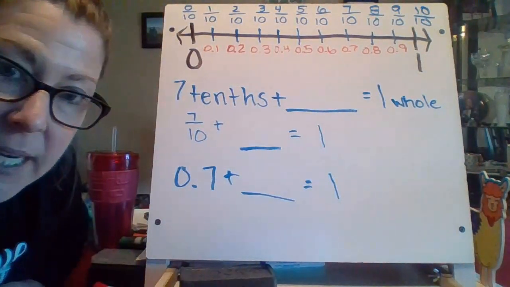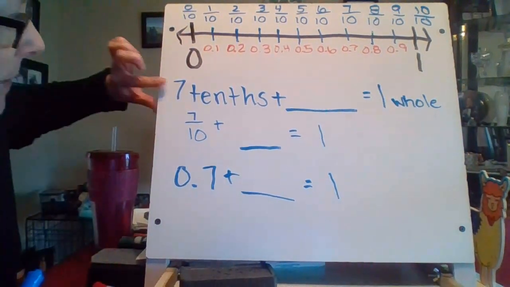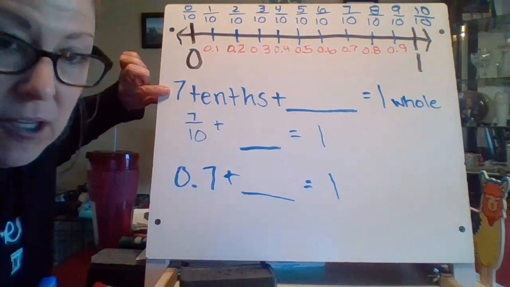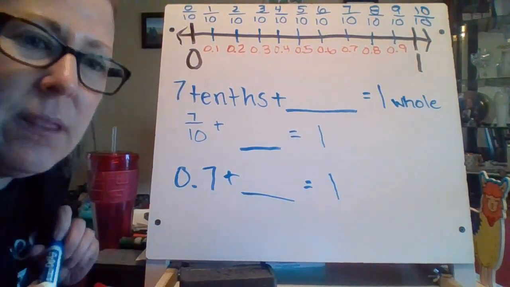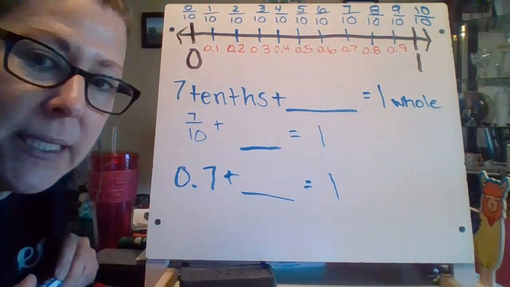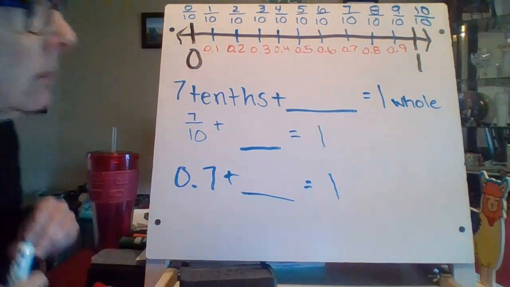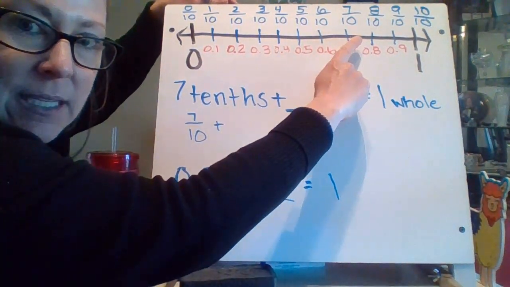So now let's take a look at some other types of examples. My first example here is in unit form, 7/10. Now I want you to think, if I have 7/10, how many more do I need to get to the 1 whole? Well, here I am at 7/10.